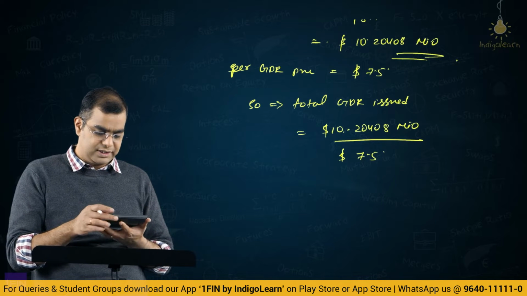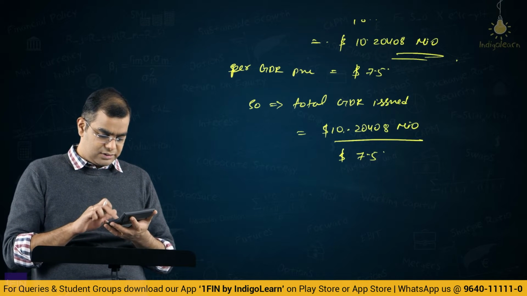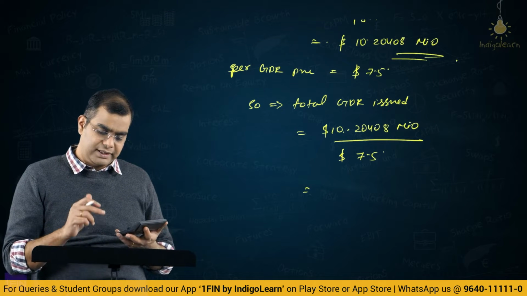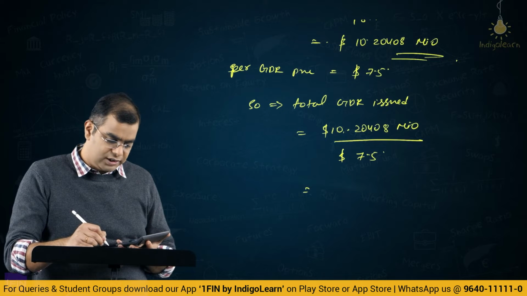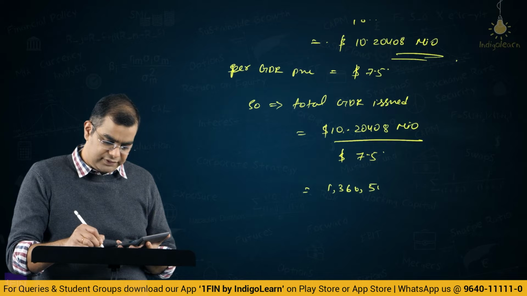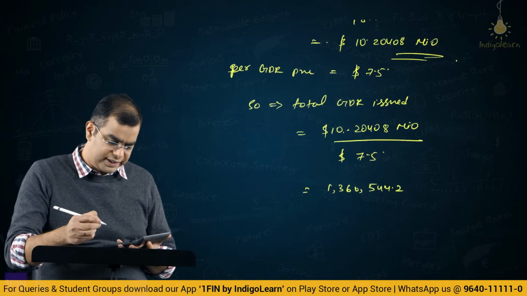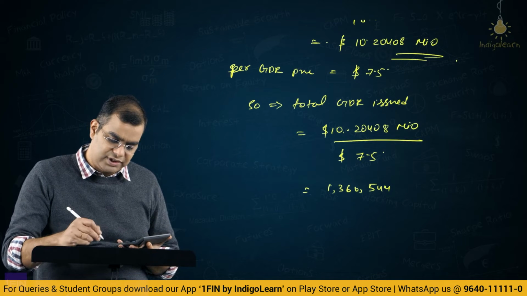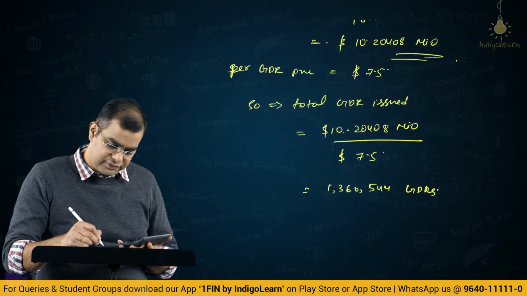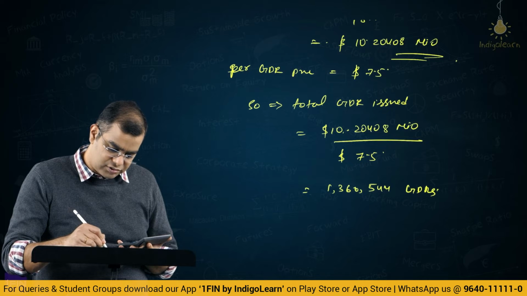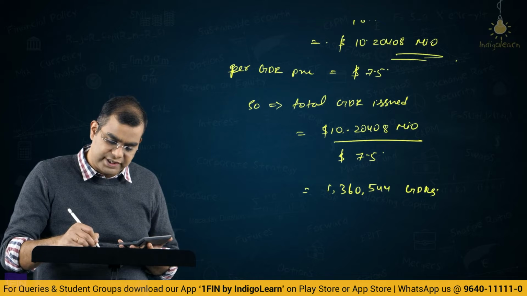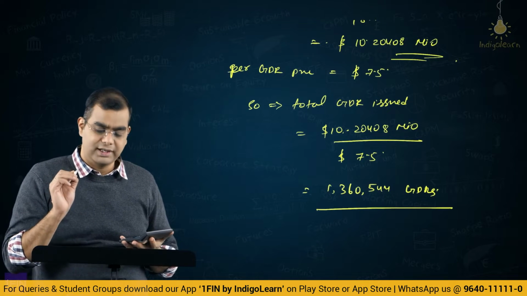If you divide 10.20408 million by $7.5, you will get 1,360,544.2. We will not have GDRs in decimals, so you will have 1,360,544 GDRs. This many GDRs are issued. This is the issue size.